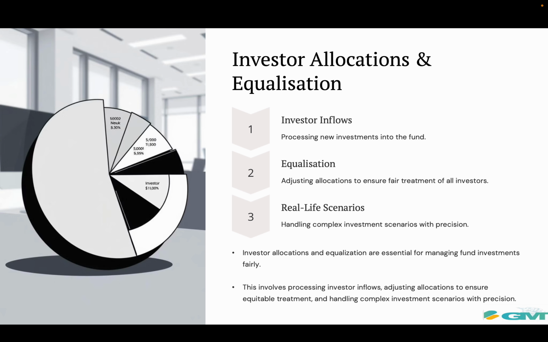But when distributing the profit to investors A and B, who joined with a time difference of 6 months, getting an equal amount of profit is not possible, because the first investor came 6 months before, so he gets the most priority. So when the new investor joins, that is when the equalization is done. Investor allocation and equalization are essential for managing fund investment fairly. This involves processing investor inflow, adjusting allocation, equitable treatment, and handling all of that.